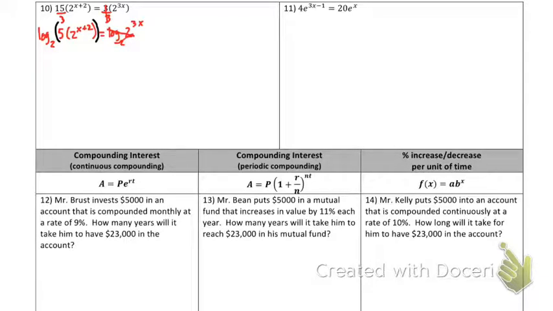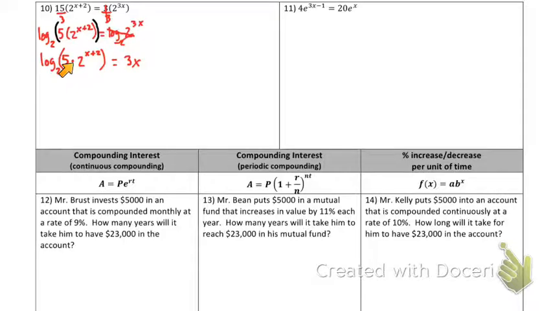But this over here is going to be log base 2 of 5 times 2x plus 2 equals 3x. And now we could actually use a property here.